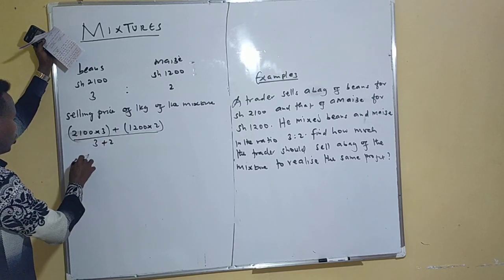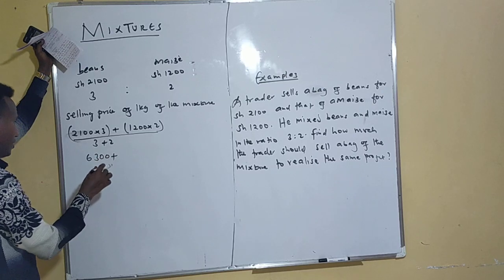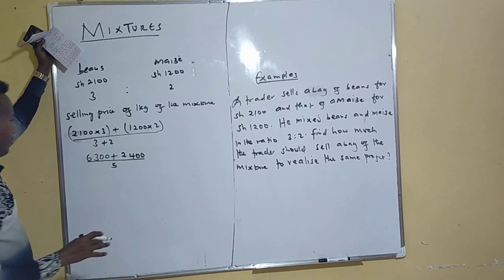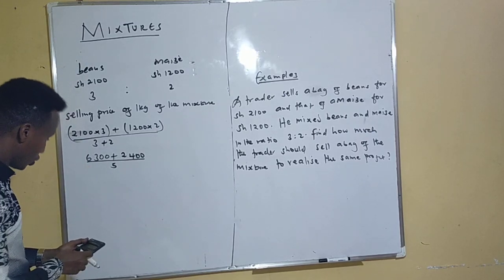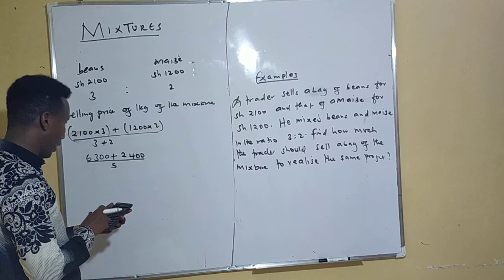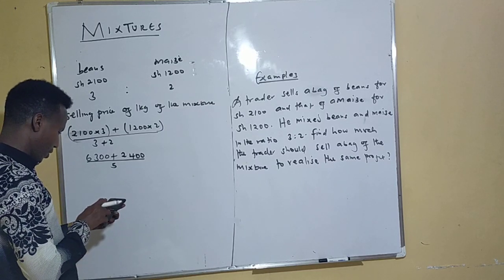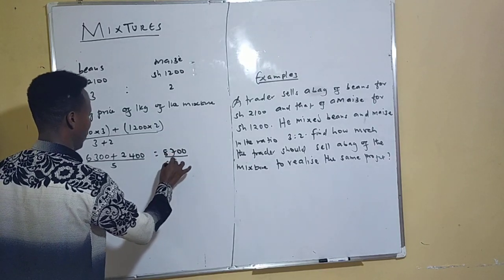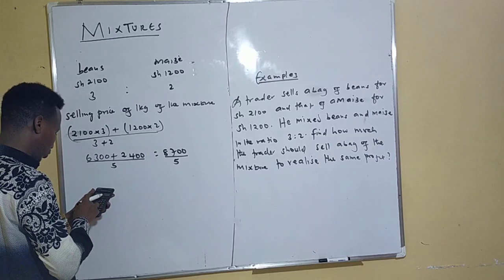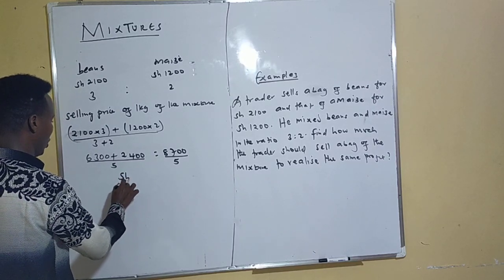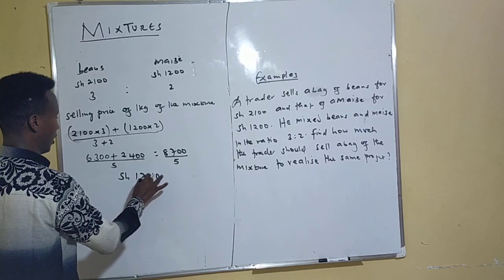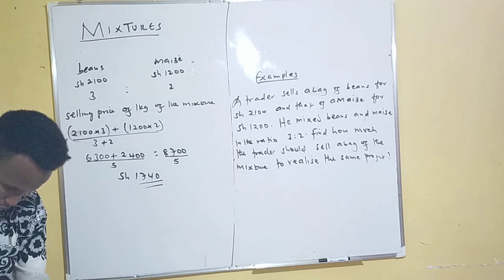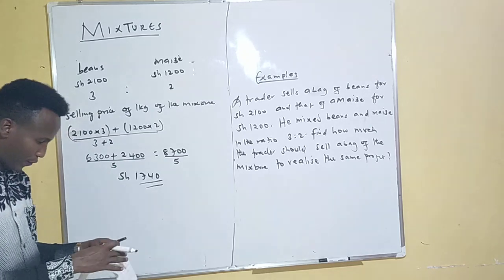So when you multiply these, it will be 6,300 plus 2,400 divided by 5. 6,300 plus 2,400 is 8,700. 8,700 divided by 5 gives us 1,740. That is the final answer for your information, guys.